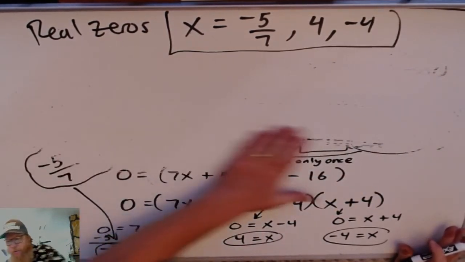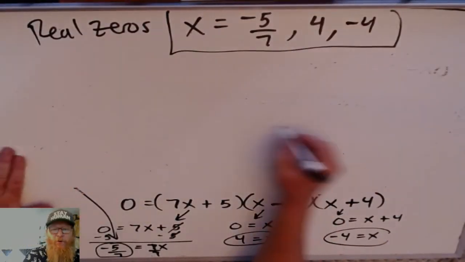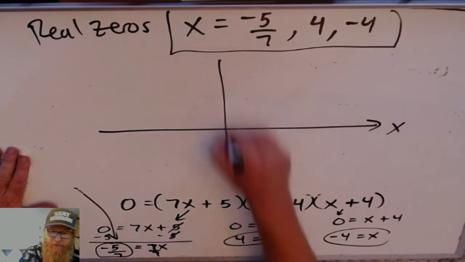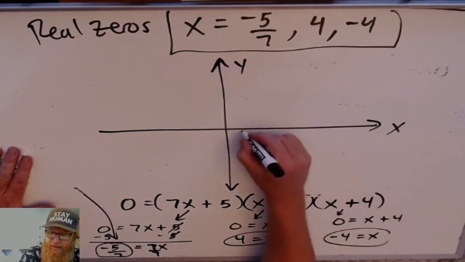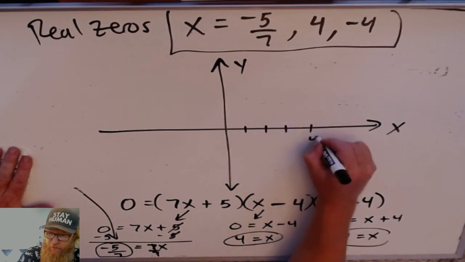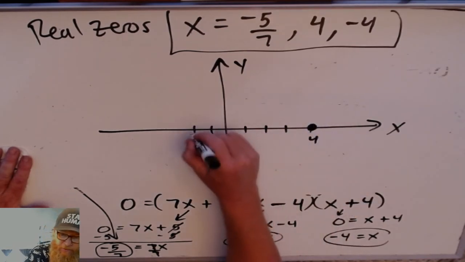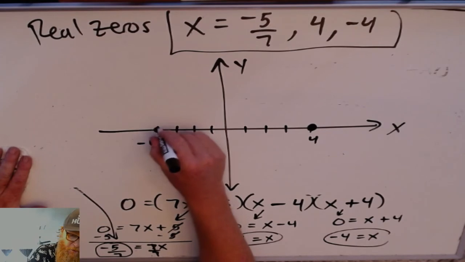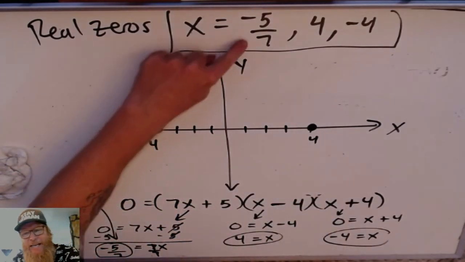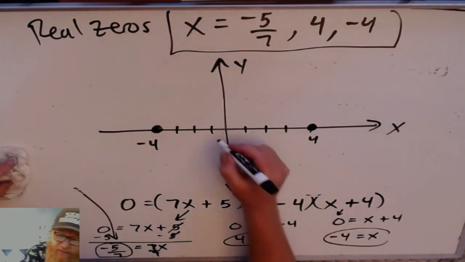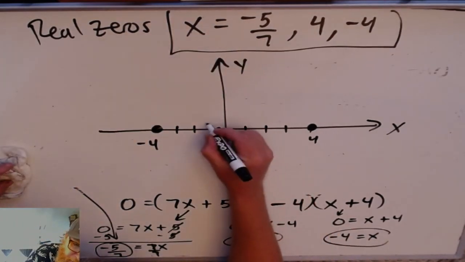So if we were graphing, I would probably want them in order. So let's say 1, 2, 3, 4, and 1, 2, 3, -4. On the graph, they would have to be in the right order. -5/7 is about right here.